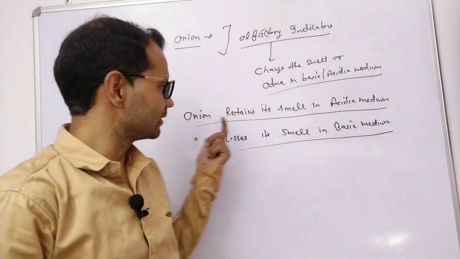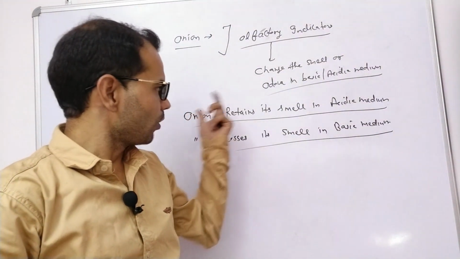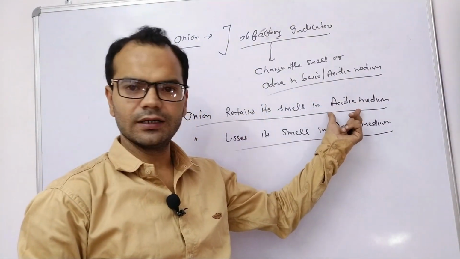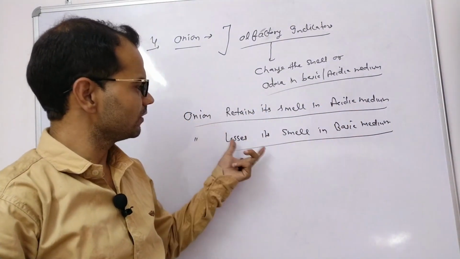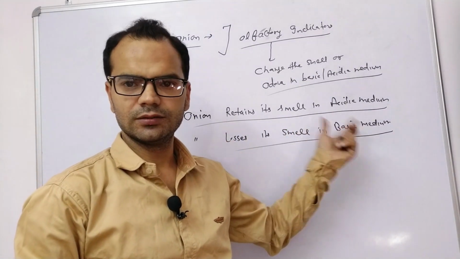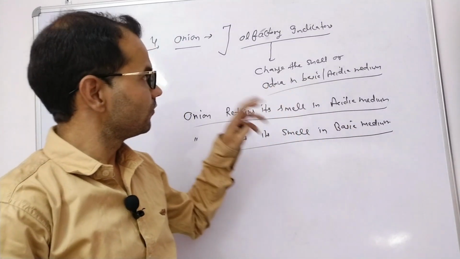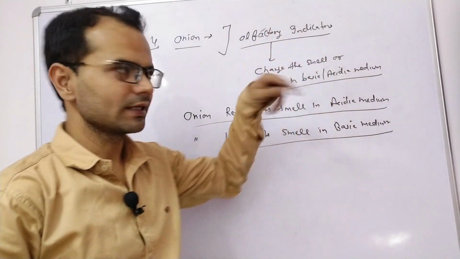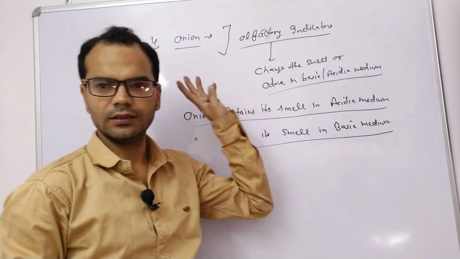Easy thing to understand. There is no change in smell in acidic medium and no smell of onion in basic medium. This is the first olfactory indicator, or we can say the fourth natural indicator.